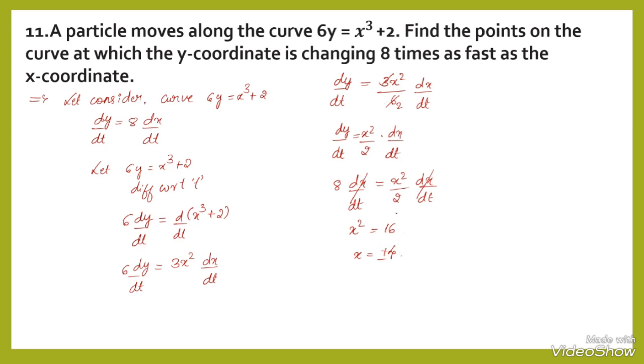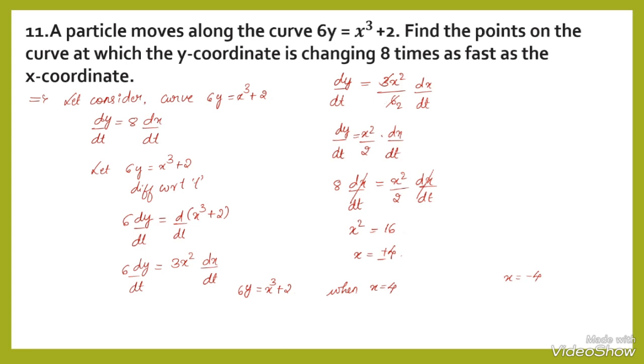Here the curve is 6y is equal to x cube plus 2. When x is equal to 4 and x is equal to minus 4, I have to check the curve.